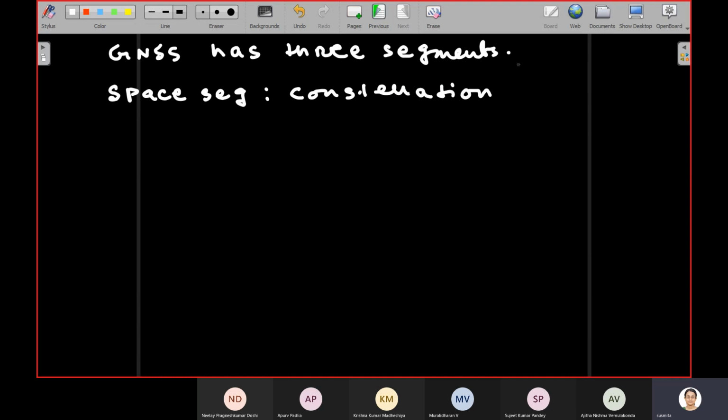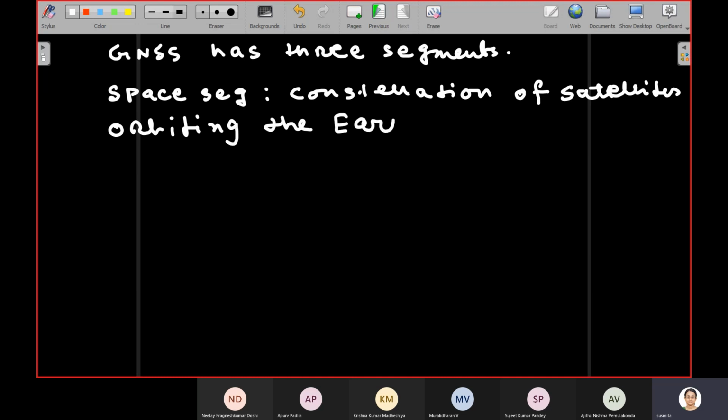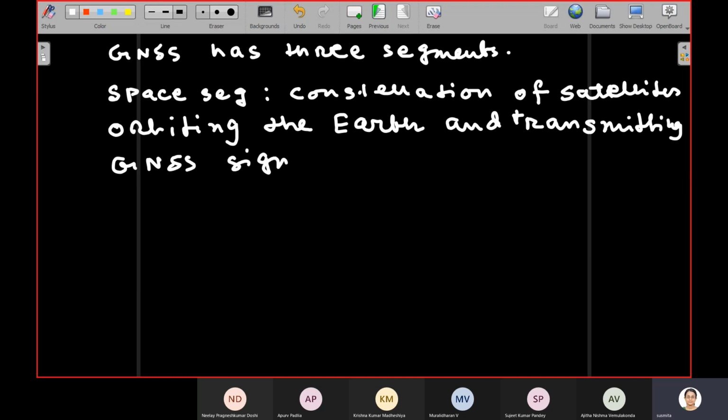The space segment is the constellation of satellites orbiting the Earth and transmitting GNSS signals towards it.